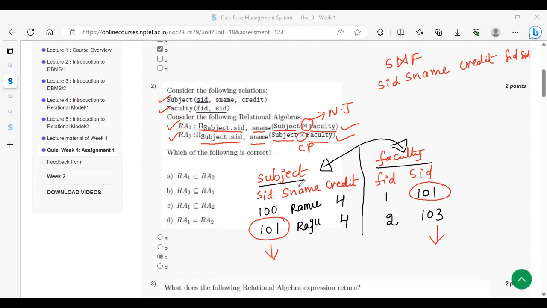The common value between these two is 101 only. So it gives 101, Raju, credit 4, and faculty ID 1. This is called a natural join. Now, what is going to happen when I say cross join?